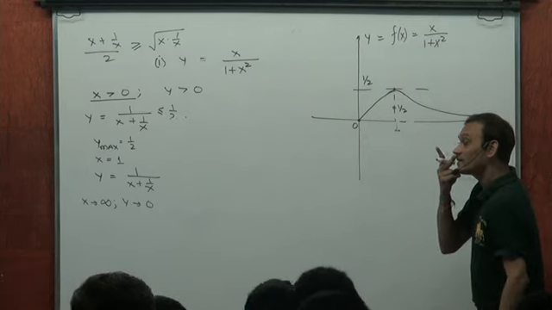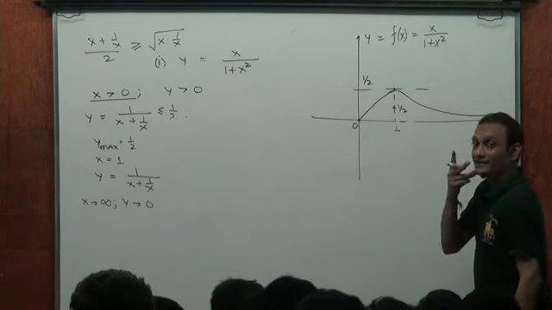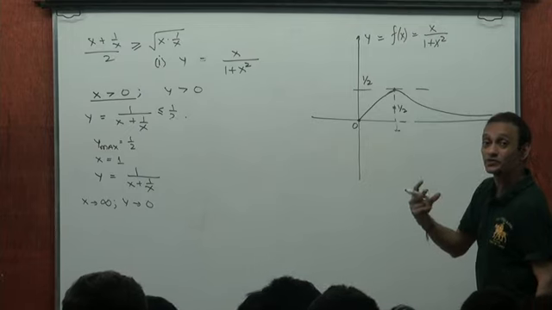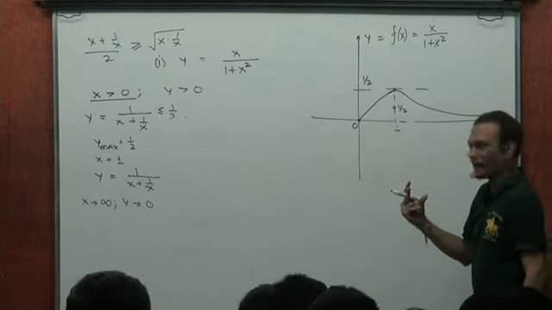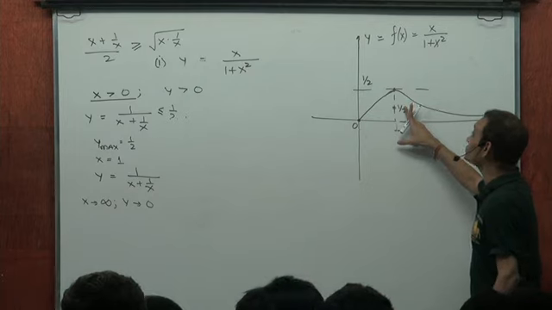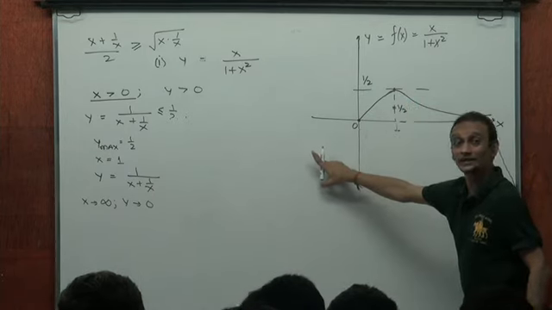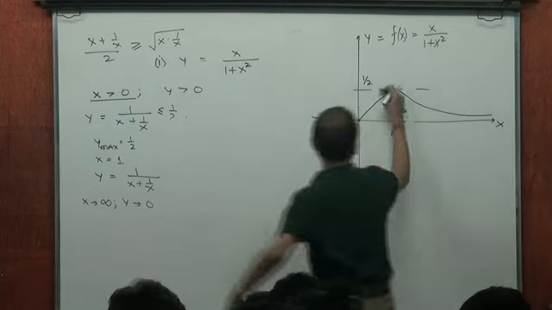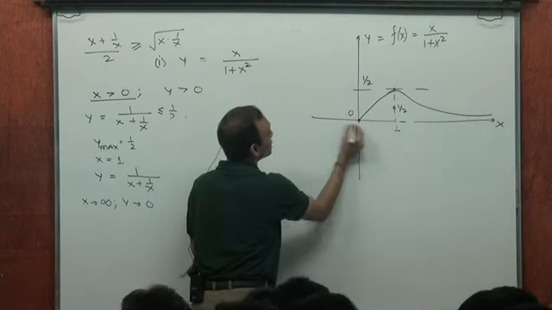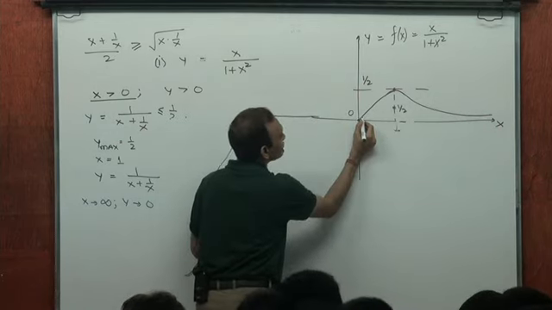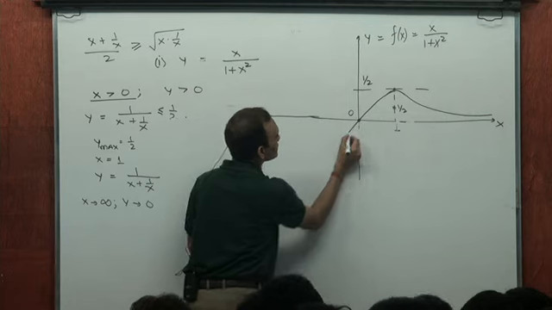Now, because it's symmetric in opposite quadrants about the origin, if the graph exists only in the first quadrant, then it will exist only in the third quadrant, right? And symmetry about the origin in the third quadrant will cause the graph to be something like this.